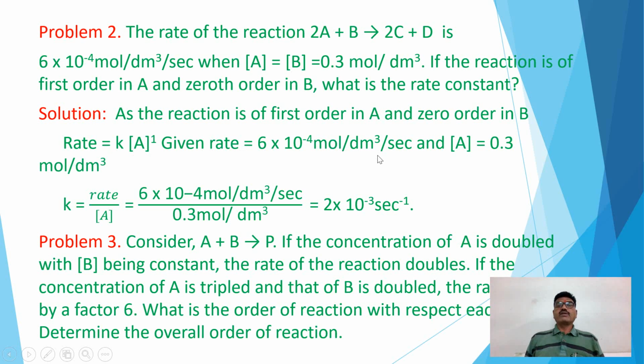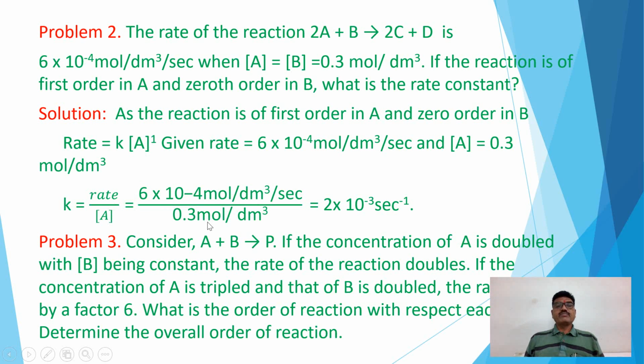So once we can write this, it is very simple to solve this numerical. The value of rate, and the molar concentration of A is given. So we have the formula, K is equal to, we have to calculate the rate constant. That's why rate constant is equal to rate upon molar concentration of A. As its power is raised to 1, there is no need to write it again. So put the values. So simple.